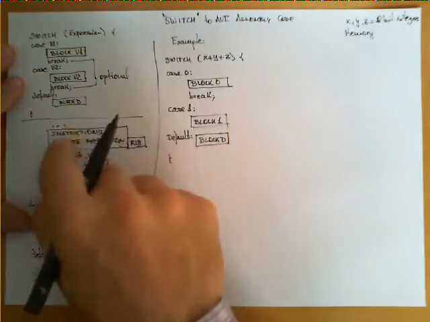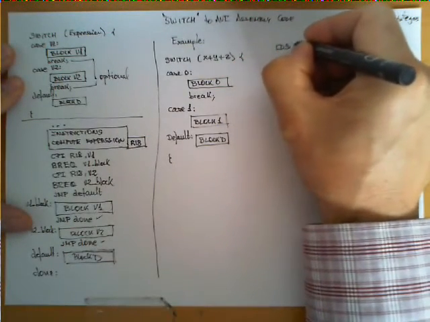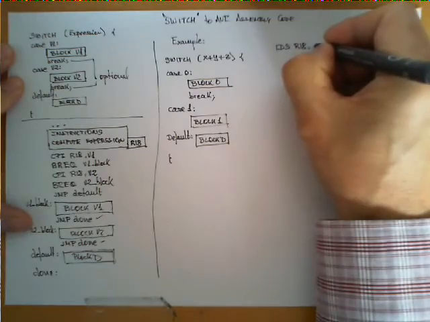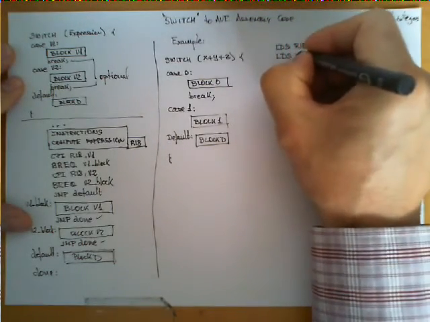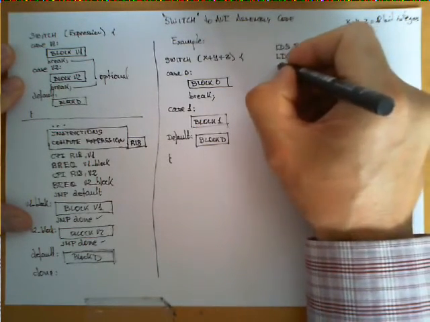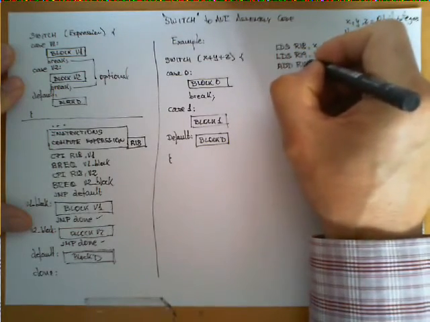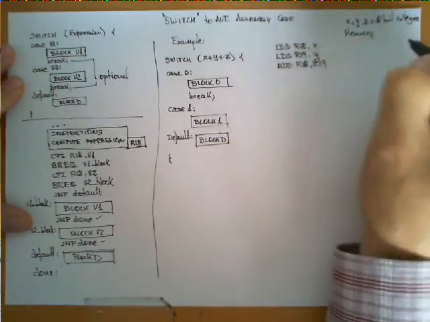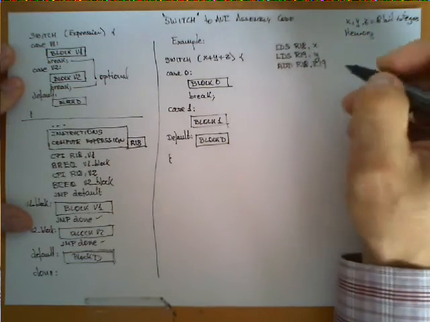So the instructions that would comprise this block would be: first, bring to register R18, for example, variable x from memory. Next, we will bring variable y to another register, let's say, for example, R19. Now we perform the addition of x and y, so we say add R18 R19, which means that R18 will contain now the addition between x and y.